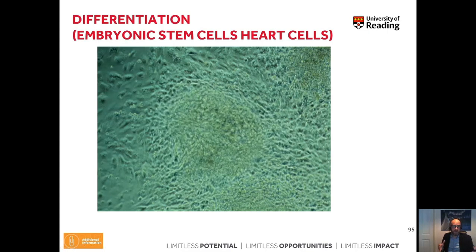So this differentiation process can not only take place in the body, but also in a dish. And this is extremely important for the pharmaceutical industry, because now we can differentiate embryonic stem cells in a dish into heart cells and test different drugs that are designed to treat cardiovascular conditions.